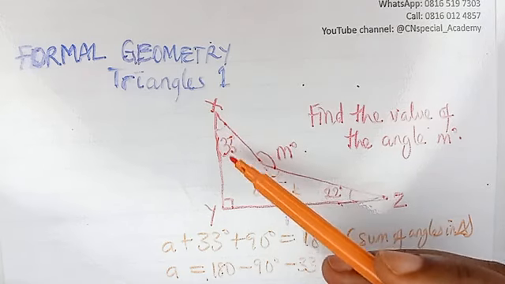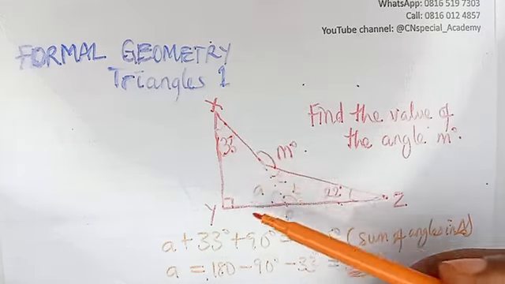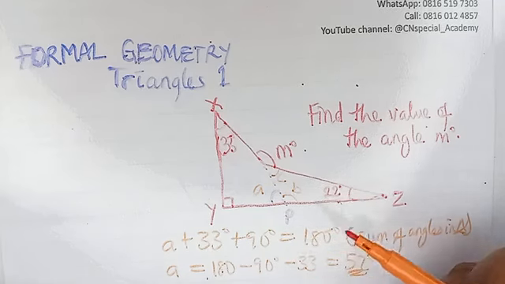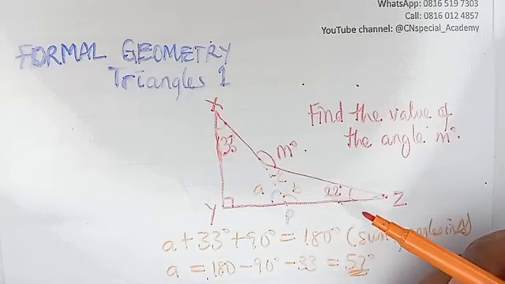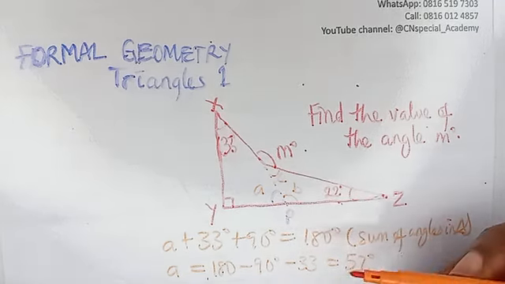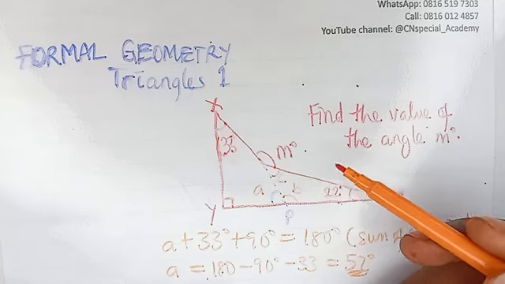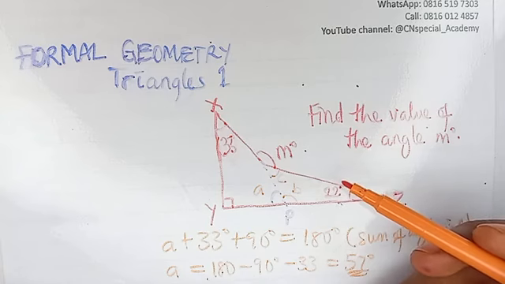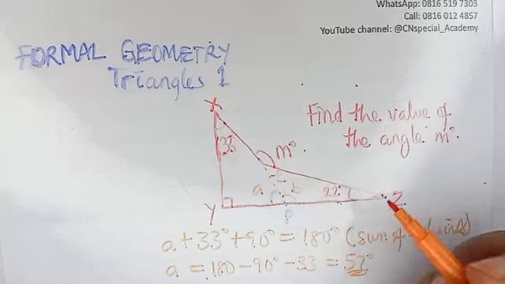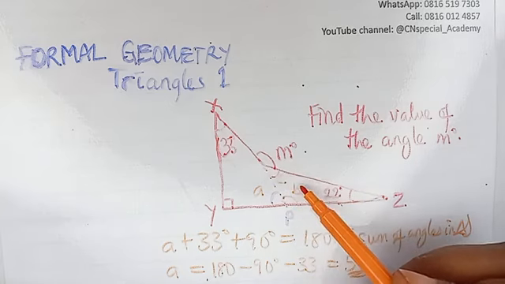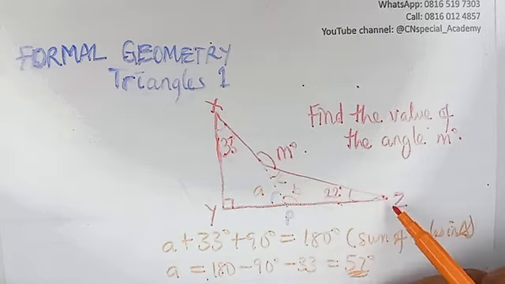So the sum of these opposite interior angles is equal to angle B. That is where we should have started immediately. But no problem. You could take all the steps one by one. You could actually try to skip some steps. Okay, but having found this 57, we can actually focus on this other triangle.